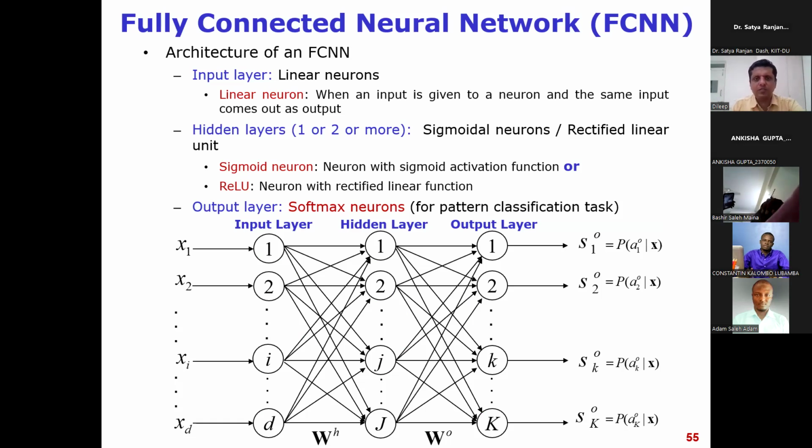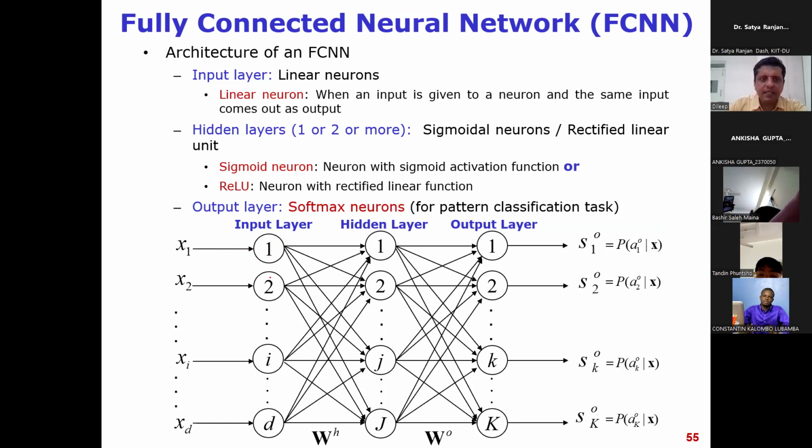To differentiate between those neurons: the number of neurons in the input layer depends upon the number of dimensions or features in your input. Typically the neurons in the input layer are called linear neurons. Whatever input you give to that neuron, the same is given as output. It is simply the input layer we are talking about.